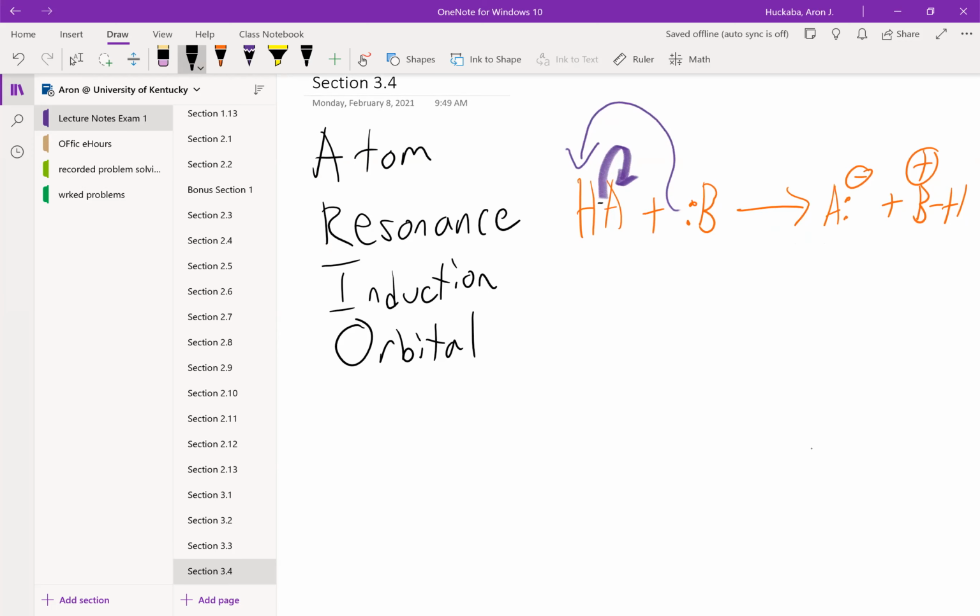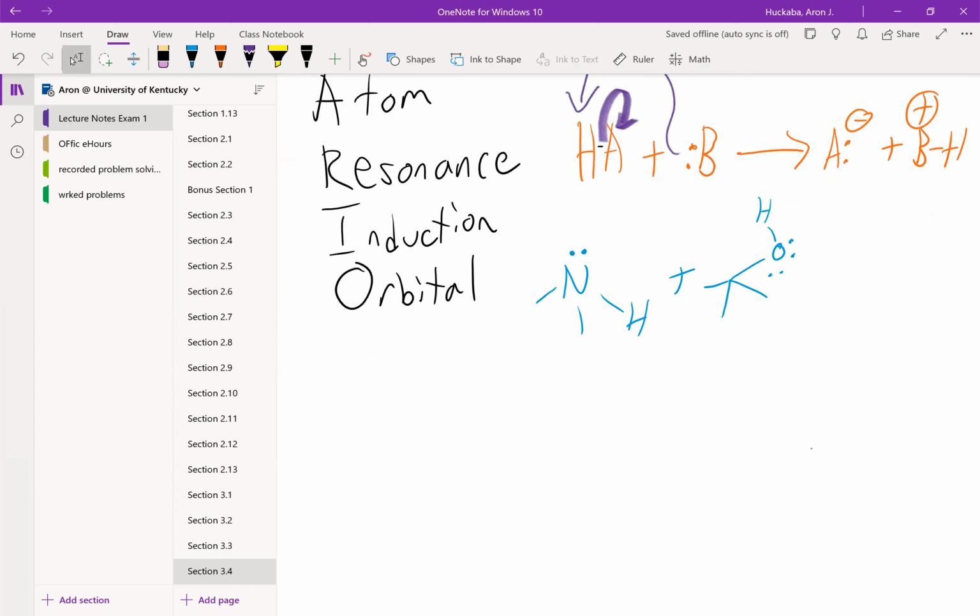All right, so this is the reaction that we are considering, but this is all very general. What if we instead move into the real world and now we're looking at a reaction like this? So we have some nitrogen with a hydrogen plus some oxygen with a hydrogen, and we are trying to determine what will happen in this reaction.